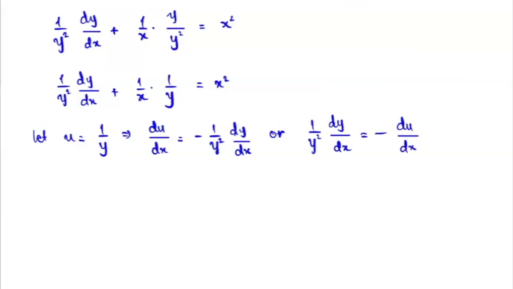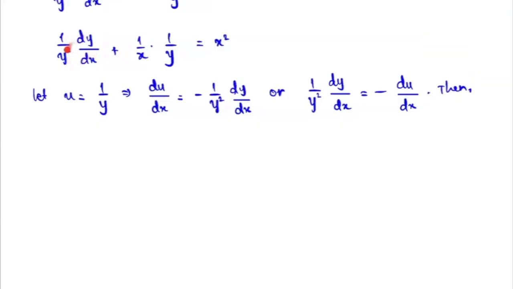So you substitute 1 over y by u, and 1 over y squared times dy/dx by negative du/dx. Then this term now becomes negative du/dx plus 1 over x times u equal to x.